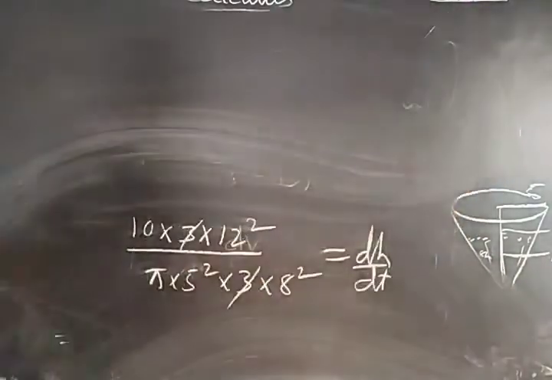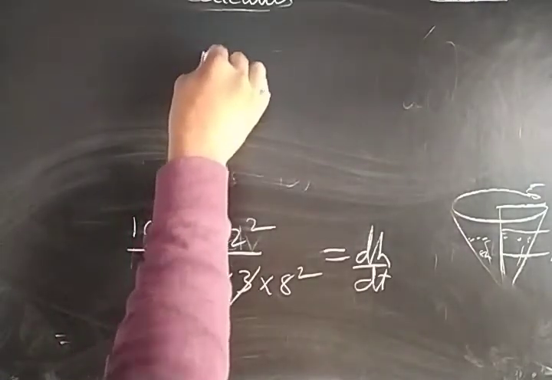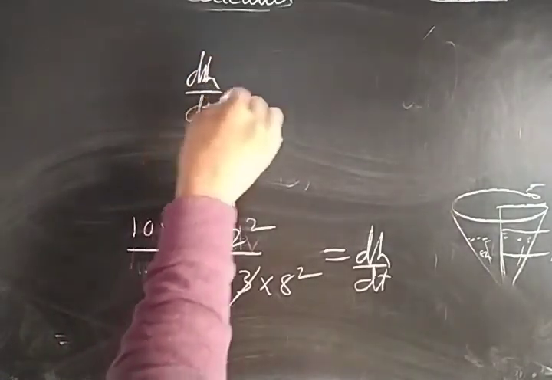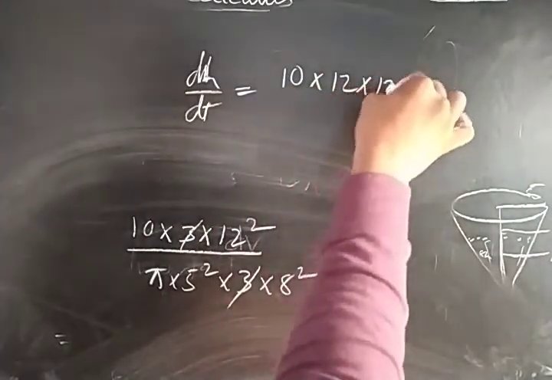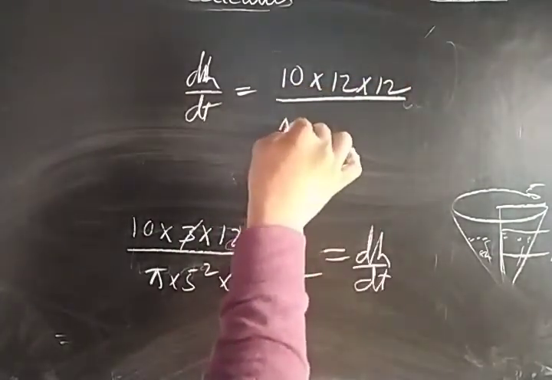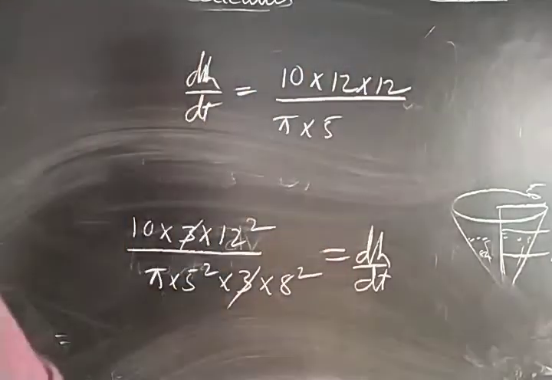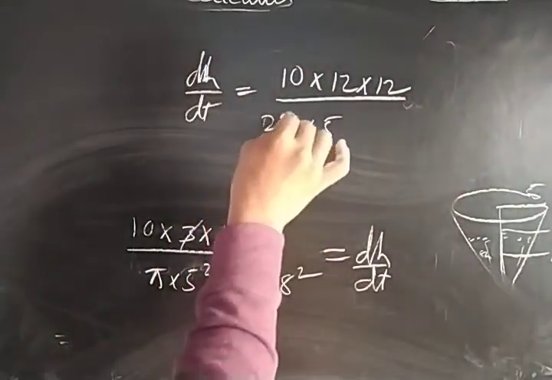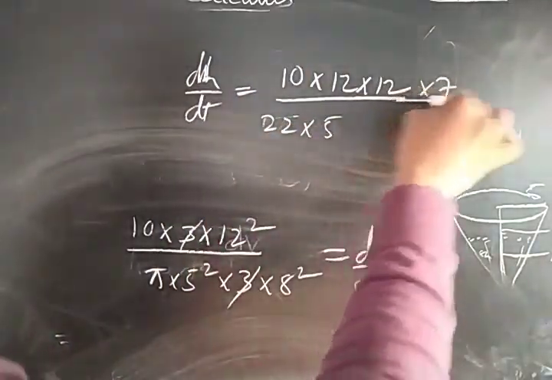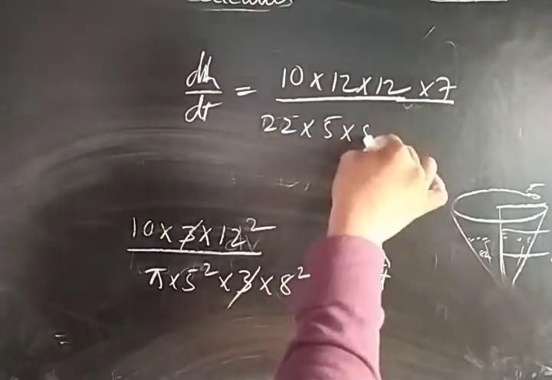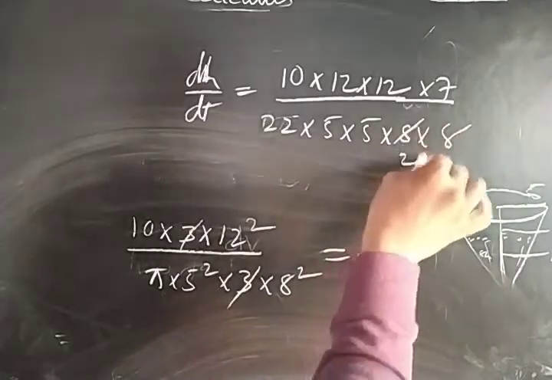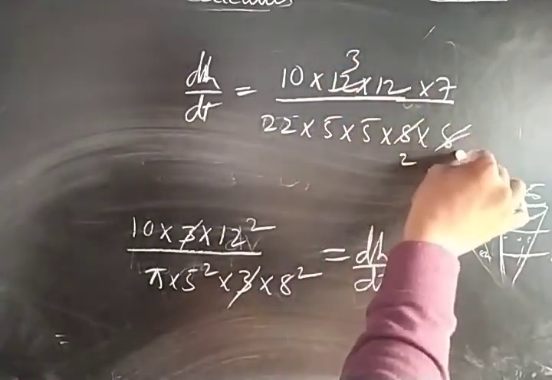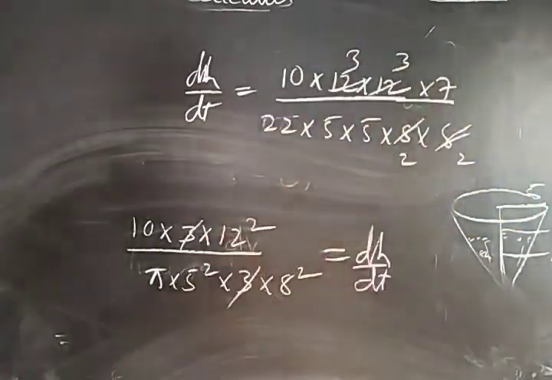Right? dh by dt is equal to 10 into 12 into 12 by pi into 5 into 5 into 8 into 8. Pi you can write as 22 by 7, no? 22 into 5 into 5 into 8 into 8. 4 eights, 4 twelves, 4 eights, 4 twelves.